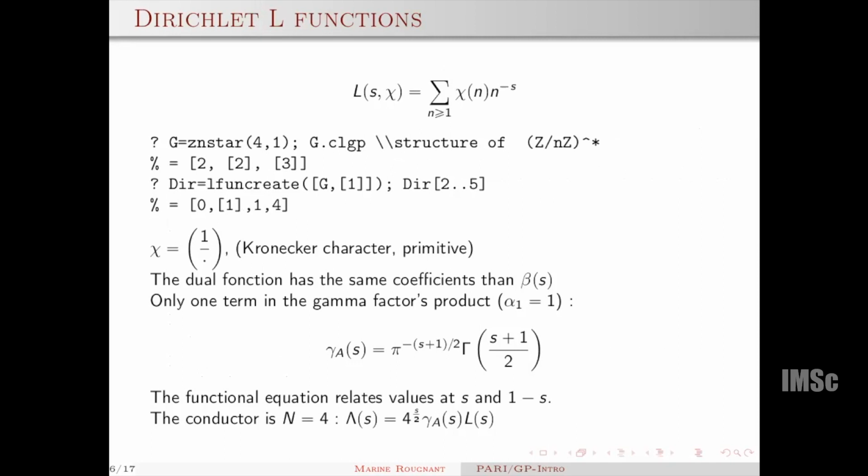So here the 1 is just technical stuff. Here we get that this is a group of order 2 generated by 3. I mean it's Z/2Z, this structure. And here it's a generator.